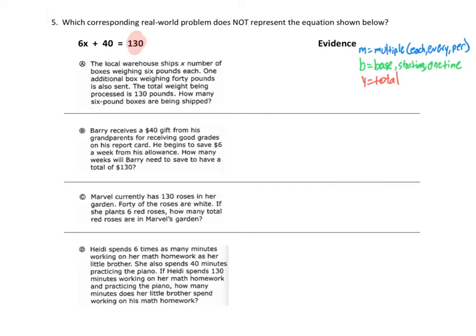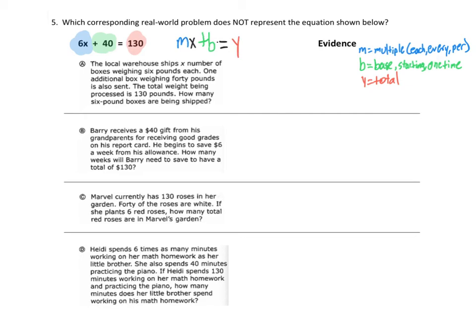We know B is the one time, that's the thing without the X. So that's right here. And M is the thing with the X, the multiple. So our equation should end up looking like MX plus B equals Y.